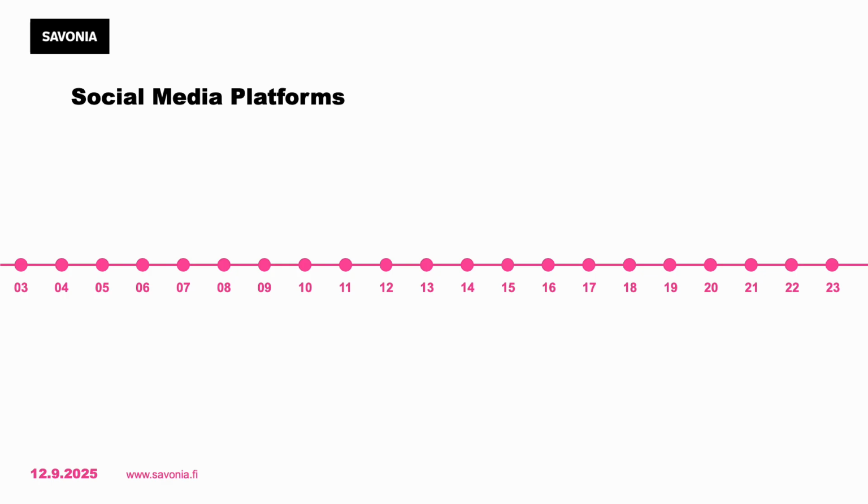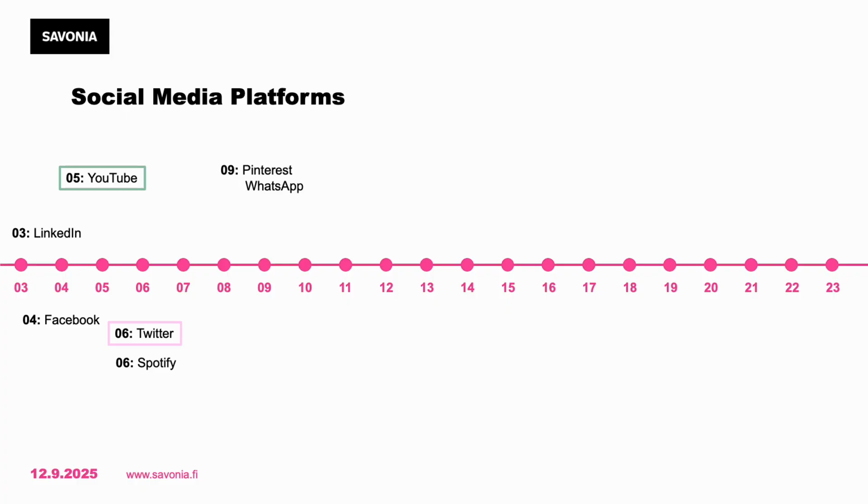So here we can see the order in which social media platforms were launched, starting with LinkedIn in 2003, Facebook in 2004, YouTube in 2005, Twitter, which is now known as X, and Spotify in 2006, Pinterest and WhatsApp in 2009, Instagram in 2010, Snapchat and Twitch in 2011, TikTok in 2016, and last but not least, Threads in 2023.